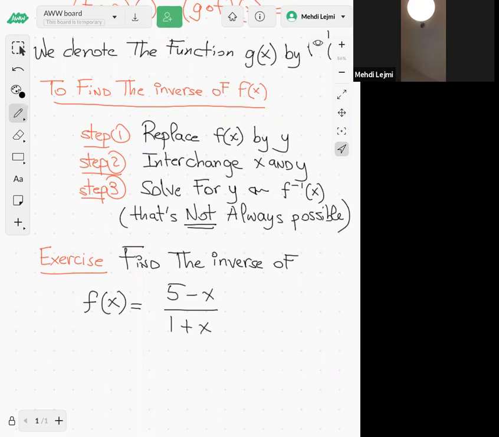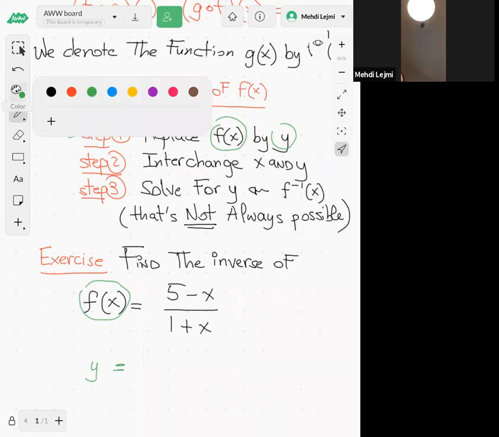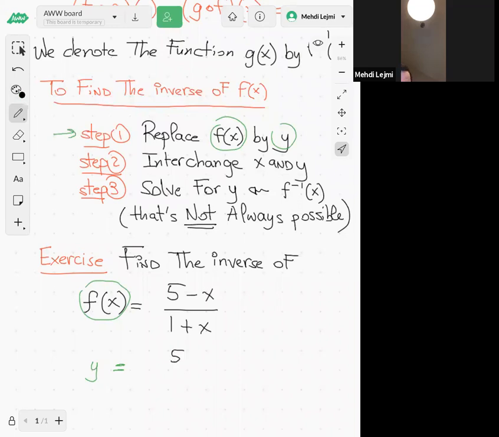So this is my function f, and I have to find the inverse. First, step one, we replace f of x by y. So this is now y equal to 5 minus x over 1 plus x, right?